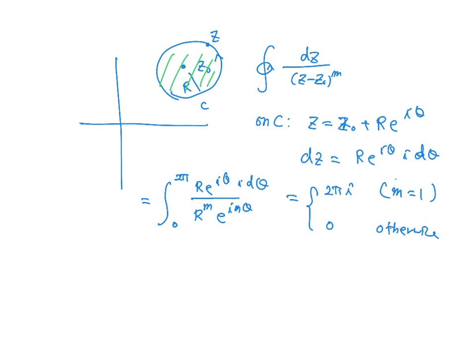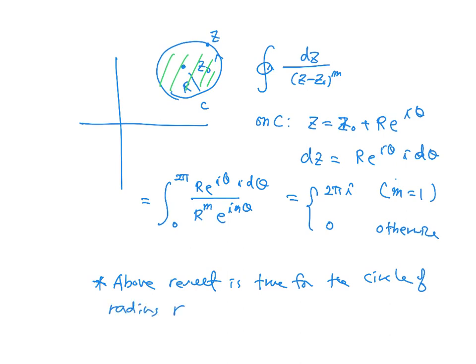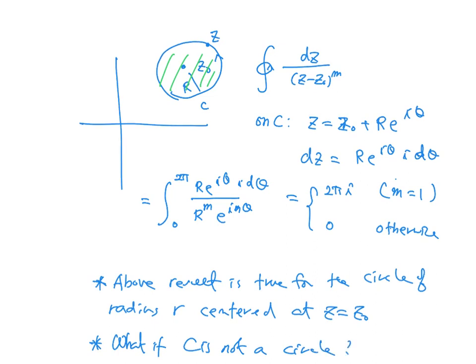So this is true for a circle. The above result is true for a circle of radius r, centered at z equals z naught. But what if it is not a circle? Question: C is not a circle. That would be an interesting case, right?